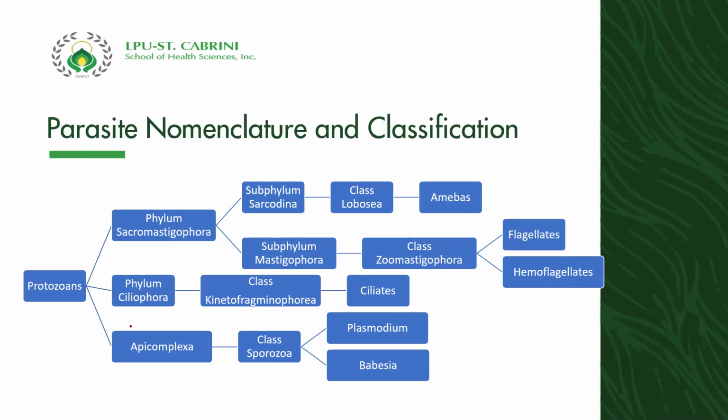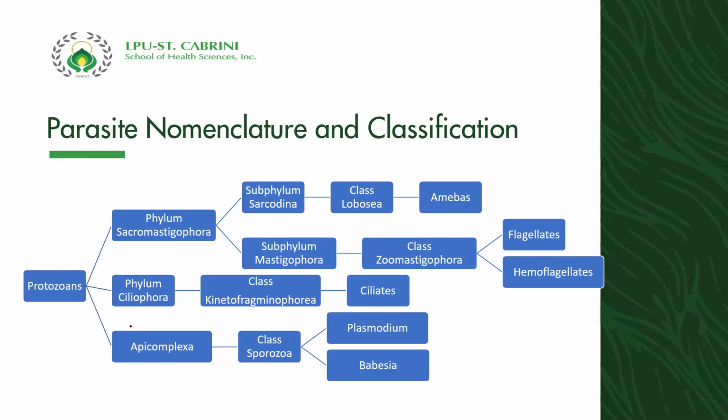We have here the classifications of protozoans. We have the Sarcomastigophora. Under Sarcomastigophora, we have subphylum Sarcodina, class Lobosea, and we have the amoebas. Under phylum Sarcomastigophora, we have phylum Mastigophora, class Zoomastigophora, and we have there your flagellates and your hemoflagellates.